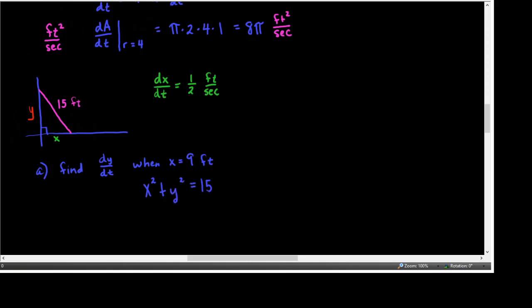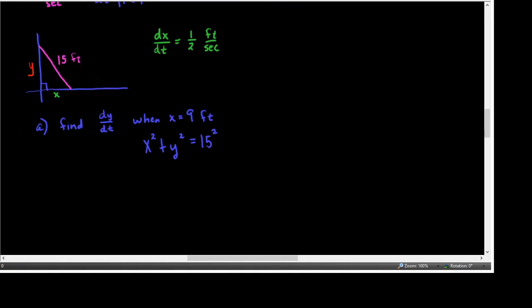And notice that is a constant, so that's 15 squared, not a variable thing at all. So now that we have the equation that relates the variables to each other, now do implicit differentiation with respect to t on both sides to get the related rates.